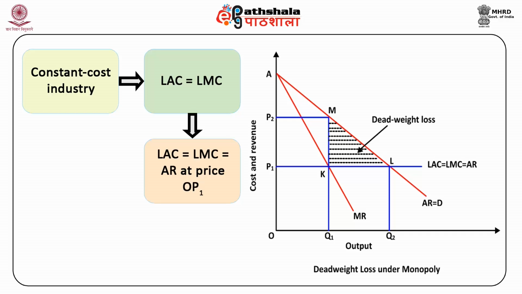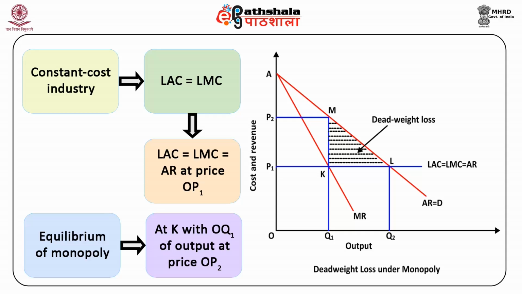On the other hand, under the same cost and revenue conditions, the equilibrium of a monopoly firm will be at point K with OQ1 of output at price OP2. The comparison of prices and outputs under monopoly and perfect competition gives the measure of the loss of social welfare.